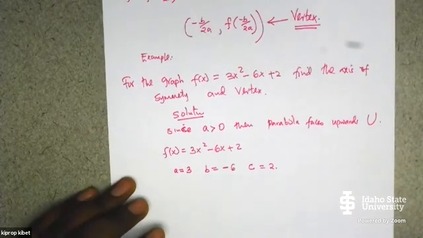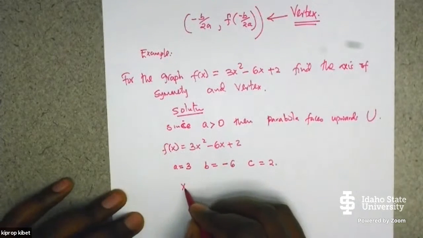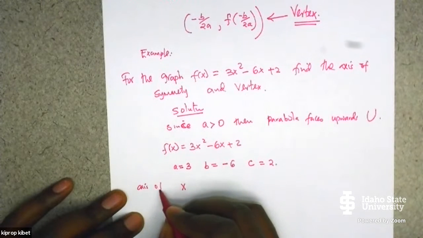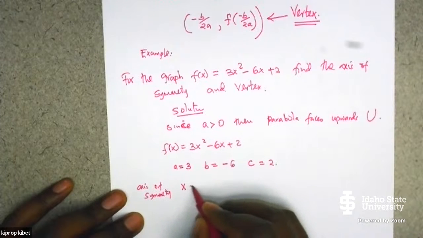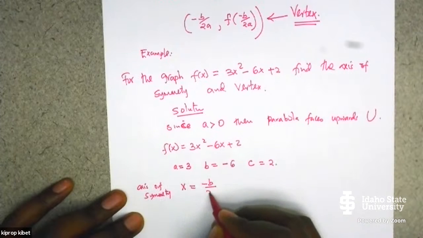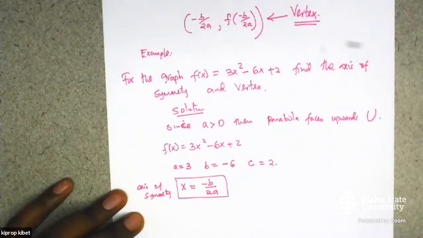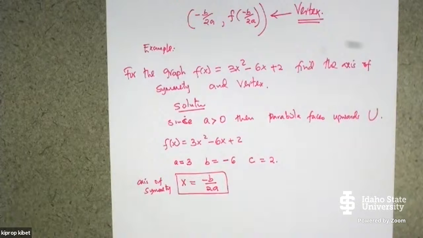So the axis of symmetry is x equals minus b over 2a. Make sure you remember this formula.